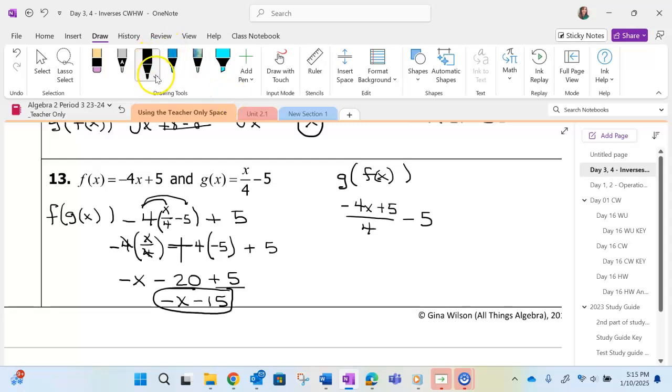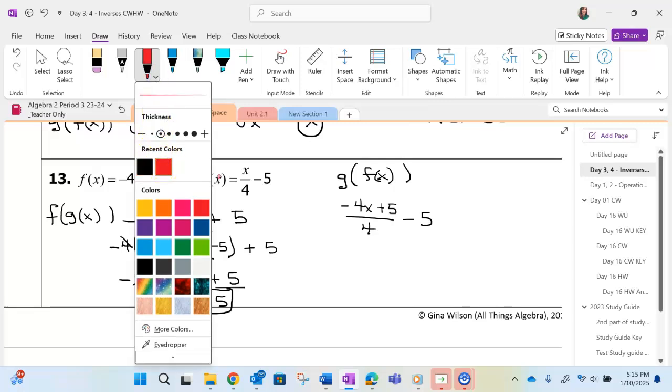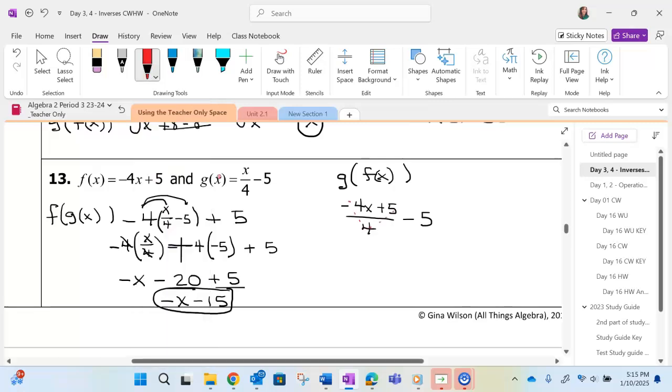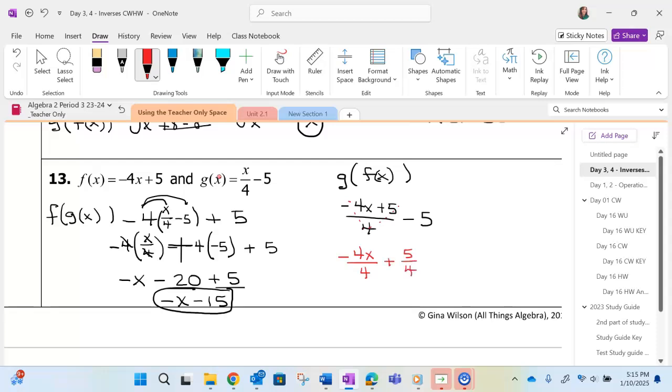Well, I'm going to do that infamous v, because I have to make this work. So this is negative 4x over 4 plus 5 over 4 minus 5. I just broke this up because I know those cancel. So I have negative x plus 5/4 minus 5.